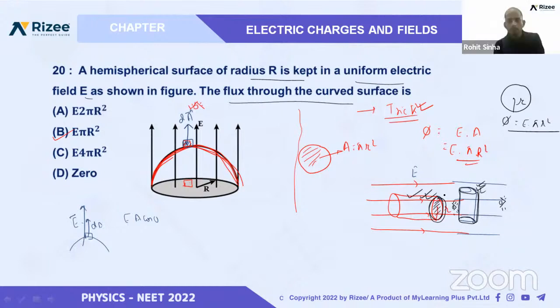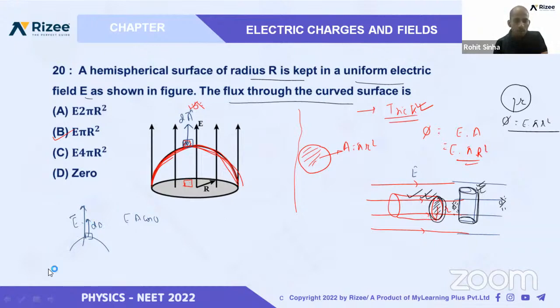Adiba is telling that for the horizontal cylinder flux is equal to 0. Remember, Adiba, no worry, no problem. I tell you one thing.